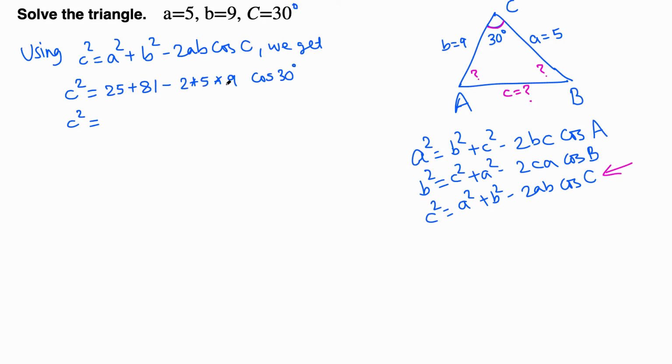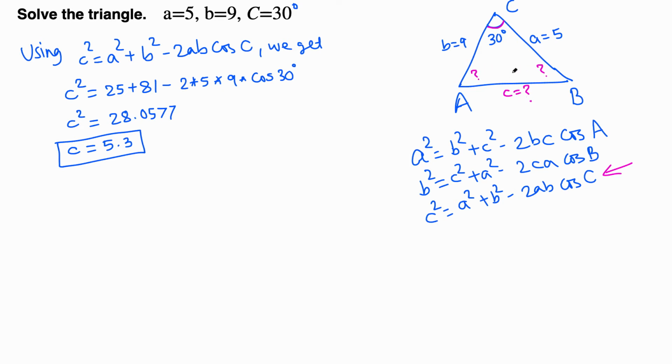I'll write a lot of decimals, it comes out to be 28.5077. Now take the square root of both sides, so c is about 5.3. Okay, so now we know side c.